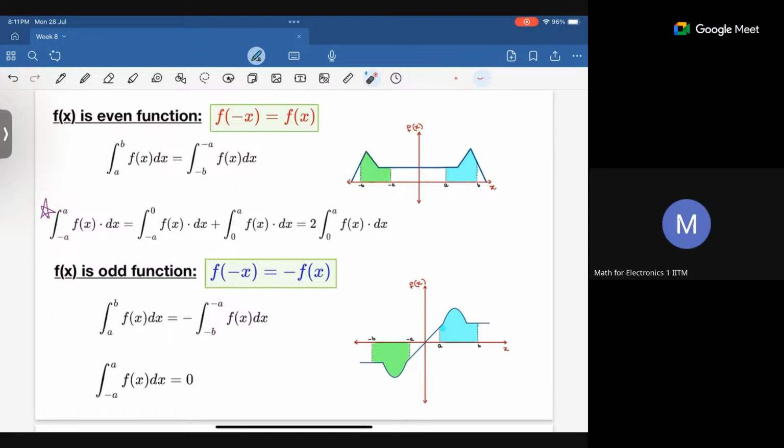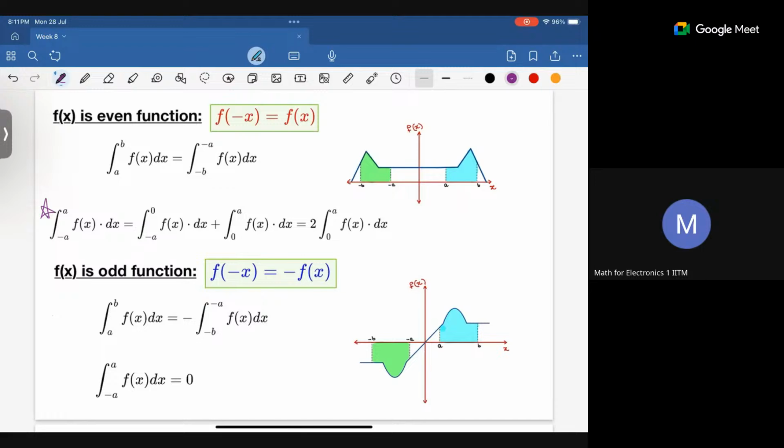So if f of x is an odd function, then we have this nice property: the integral from a to b of f of x will be equal to minus the integral from minus b to minus a of f of x dx. Here also the green region and blue region have the same area, but the green region is on the negative side and the blue region is on the positive side.